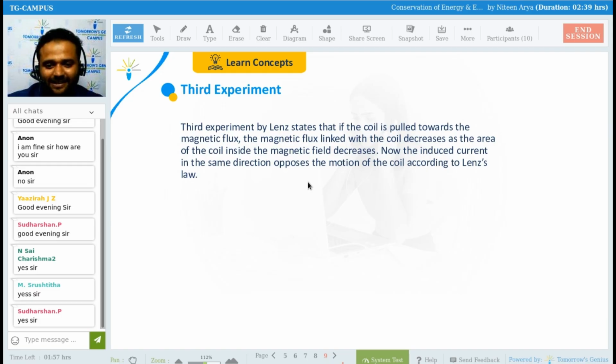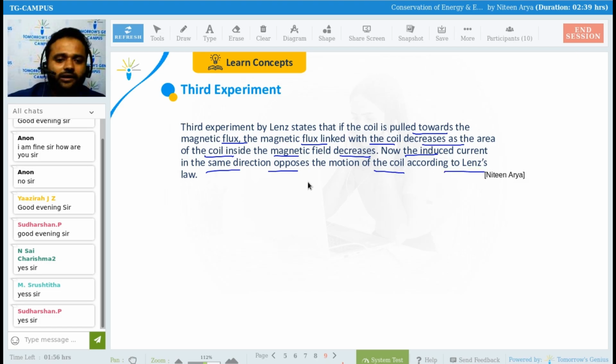Third experiment by Lenz states that when the coil is pulled out of the magnetic field, the magnetic flux linked with the coil decreases, and the area of the coil inside the magnetic field decreases. Now the induced current in the same direction opposes the motion of the coil according to Lenz's law.